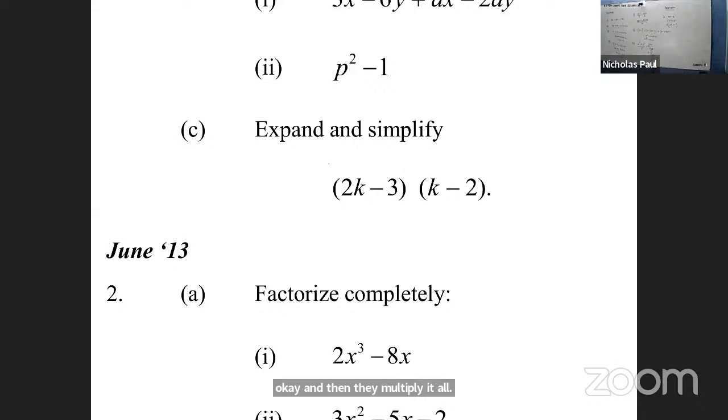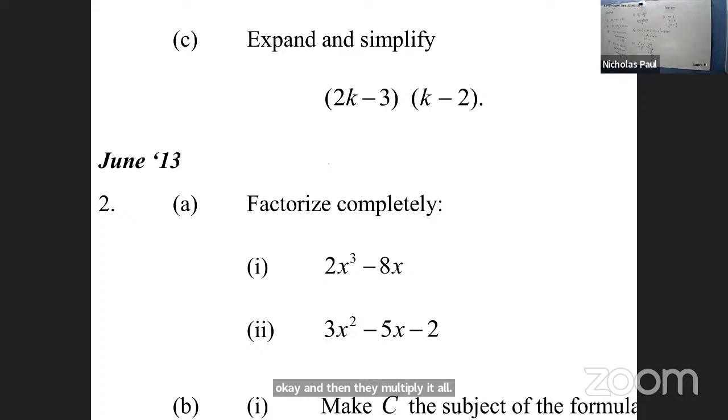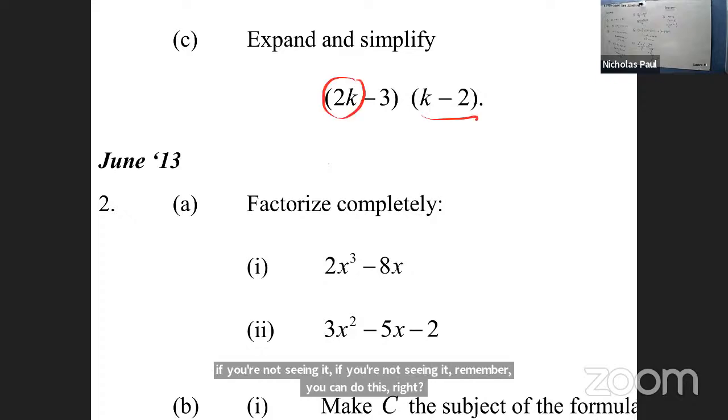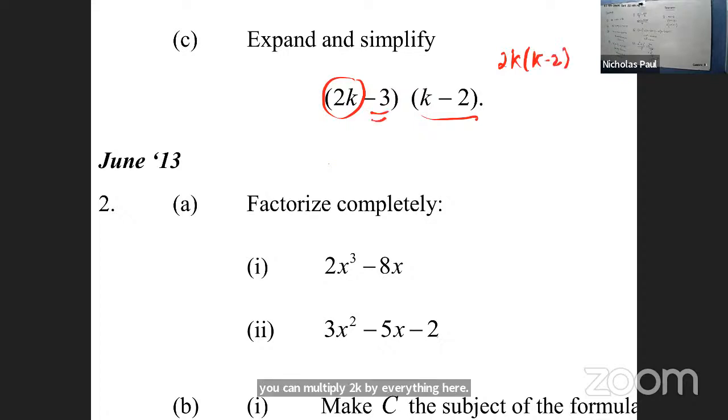So if you're not seeing it, remember you can multiply 2k by everything here. And minus 3 by everything here. 2k by k minus 2, minus 3 by k minus 2.